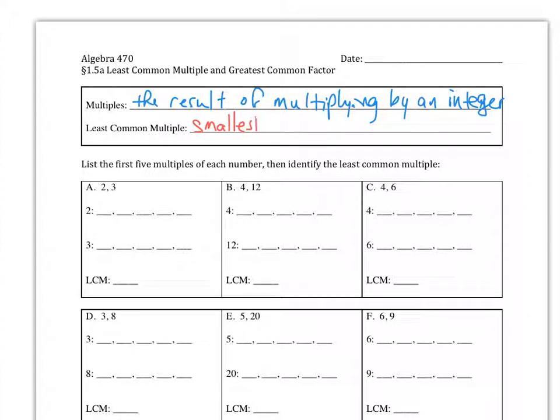Would you agree that least and smallest are synonyms of each other? So it's the smallest positive number that is a multiple of 2 numbers, and I'll say 2 or more numbers. We're going to deal with positive numbers, not negative numbers, yet.